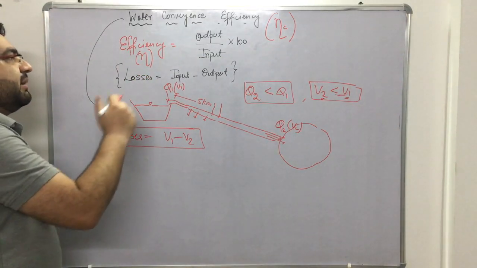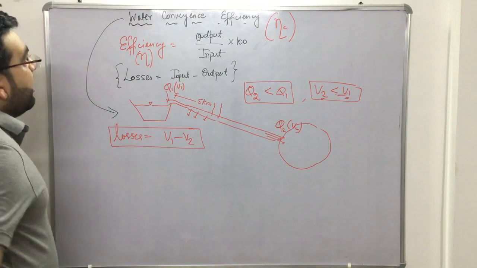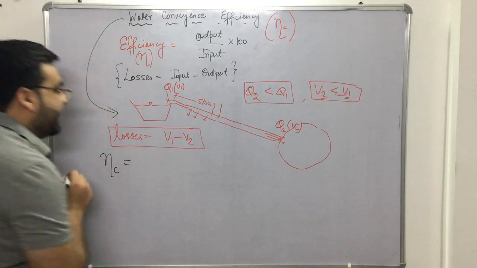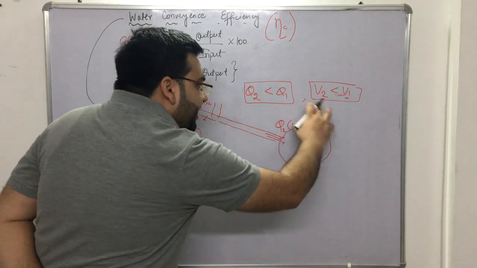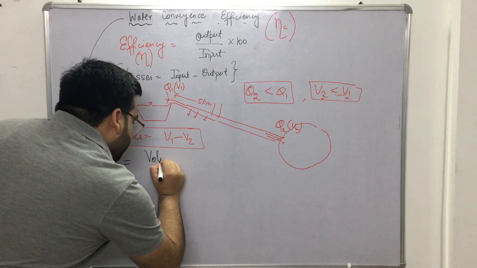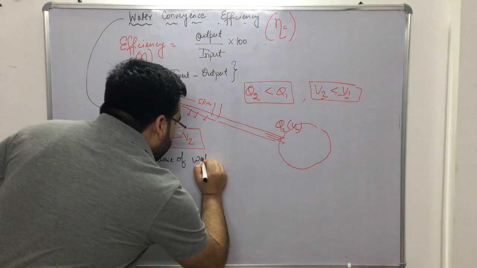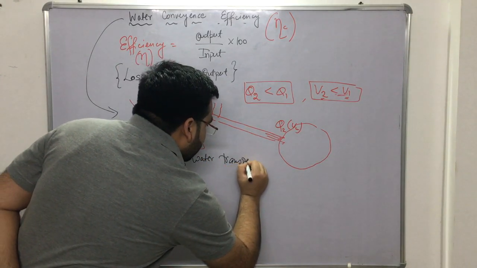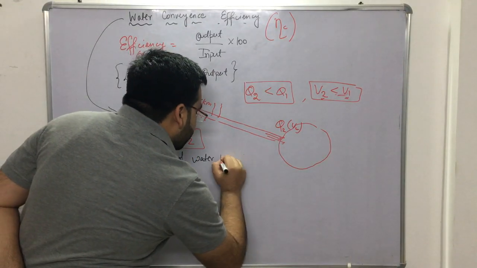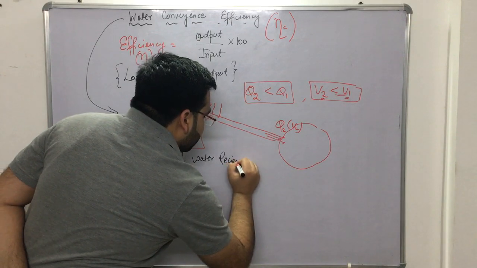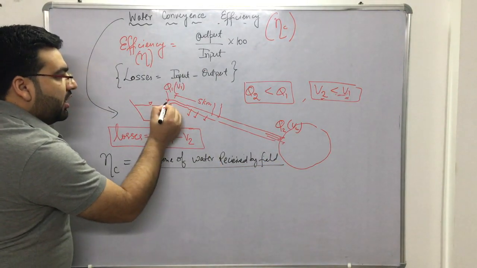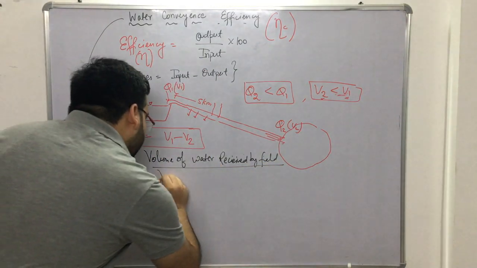So I can say that water conveyance efficiency is defined as the volume of water transferred to a particular field, again I am repeating, or you can say the volume of water received by the field, divided by the volume of water discharged by the source.